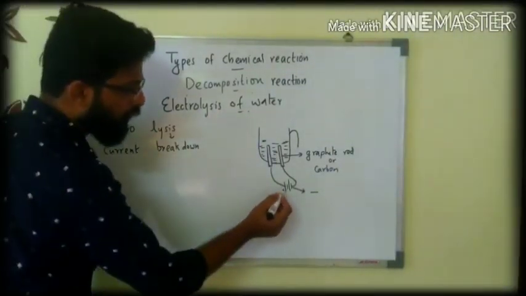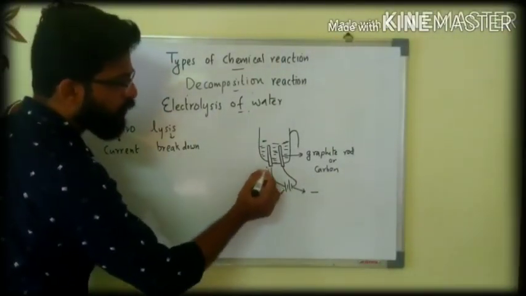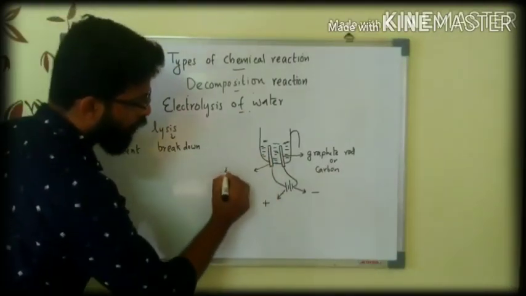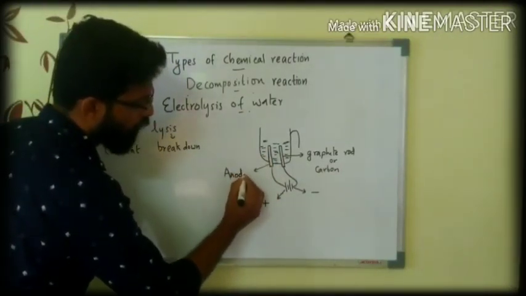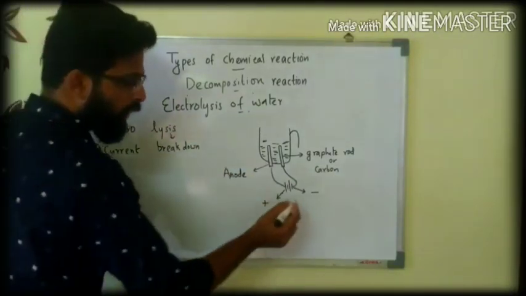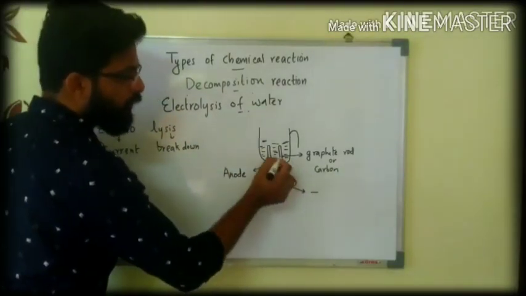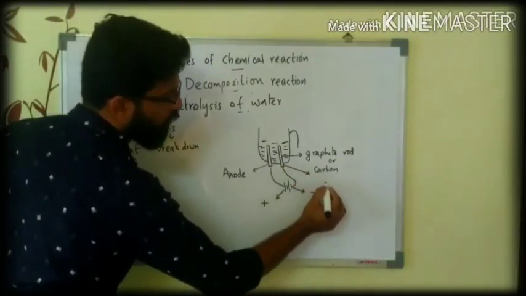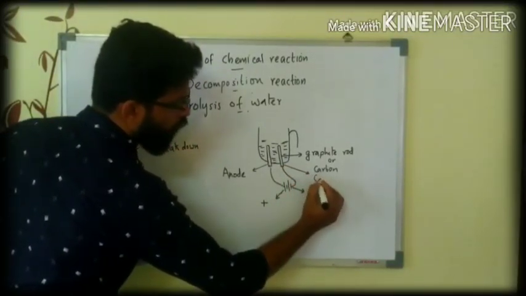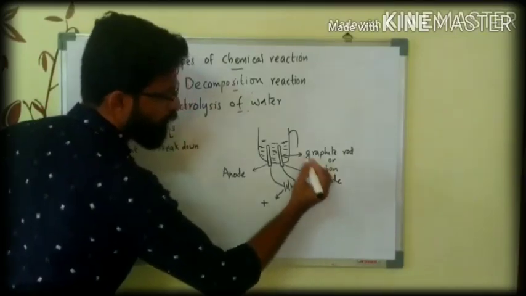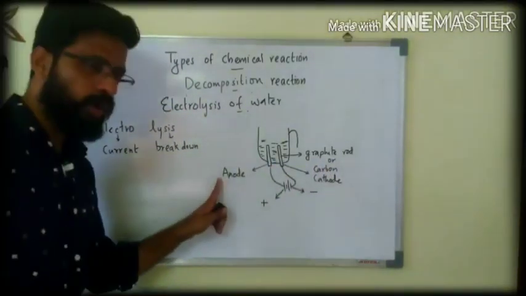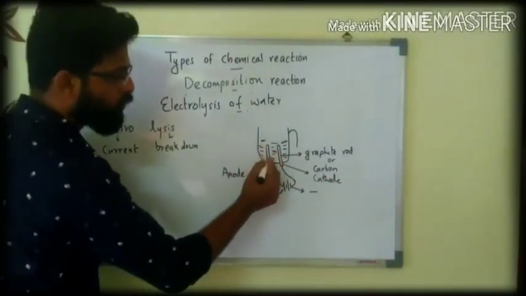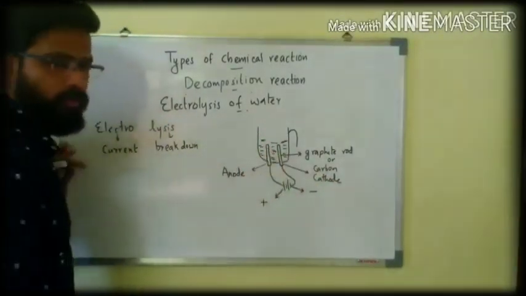The positive end, connected to the graphite electrode, is called the anode. The negative end, connected to the other graphite rod, is called the cathode. So this is the anode, this is the cathode. Both electrodes are graphite rods.